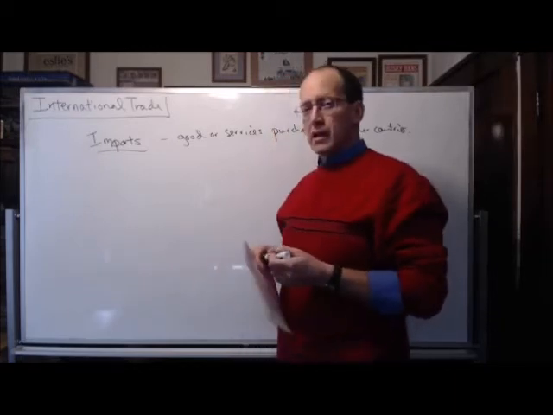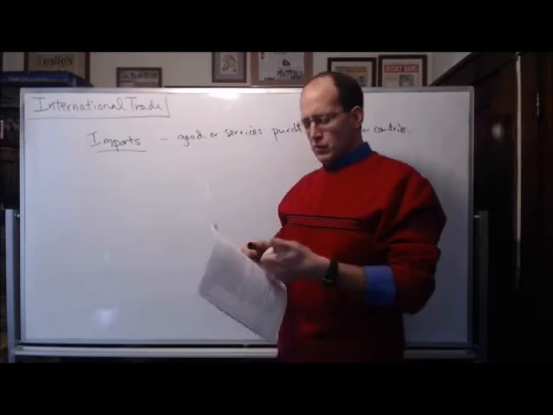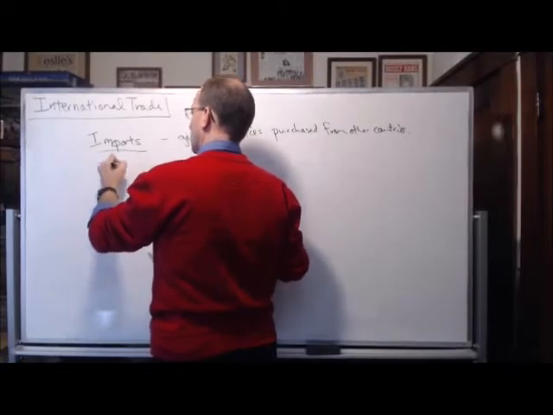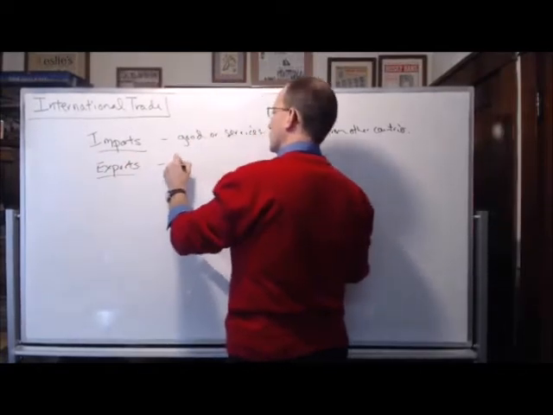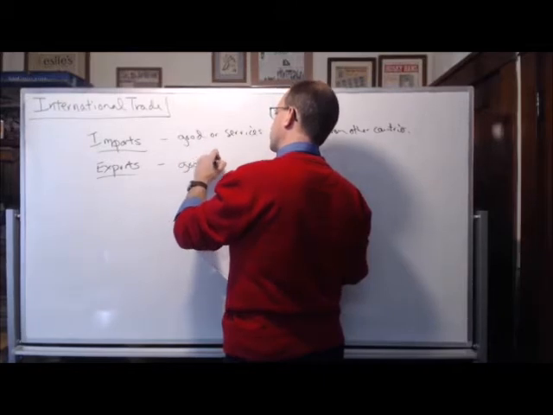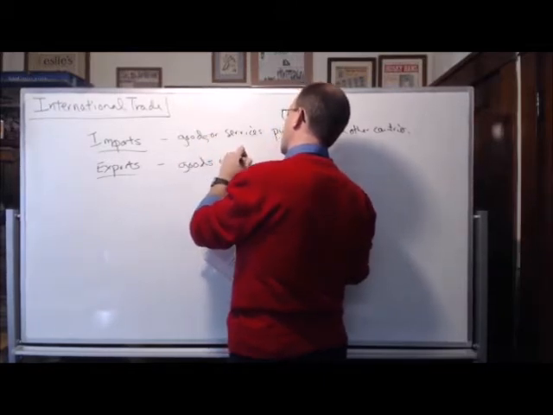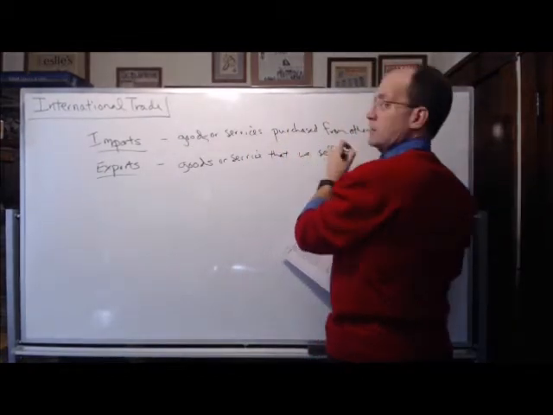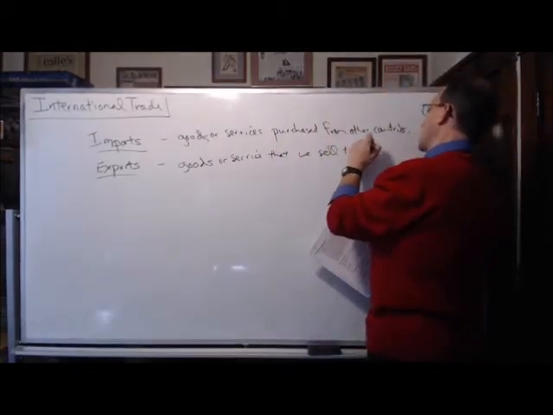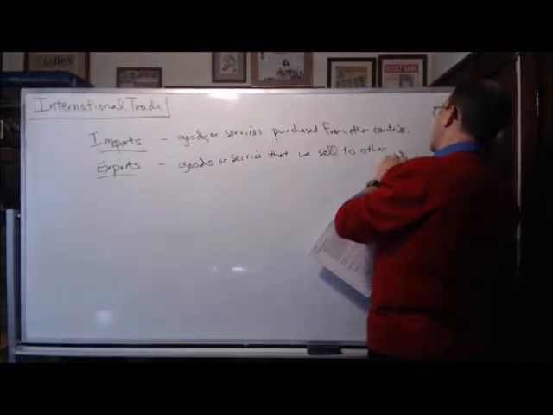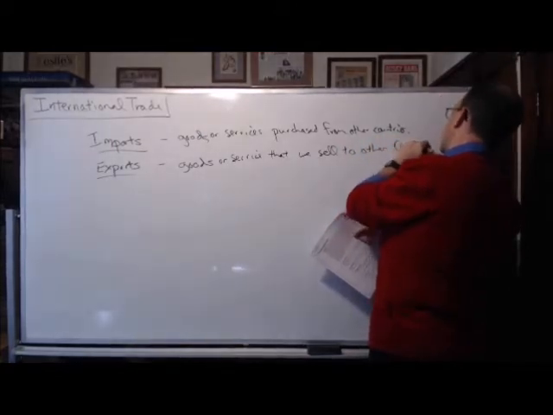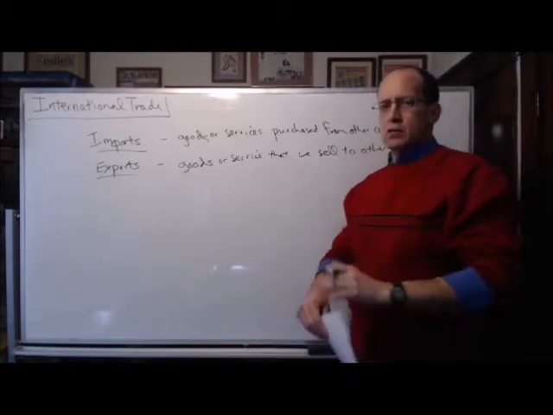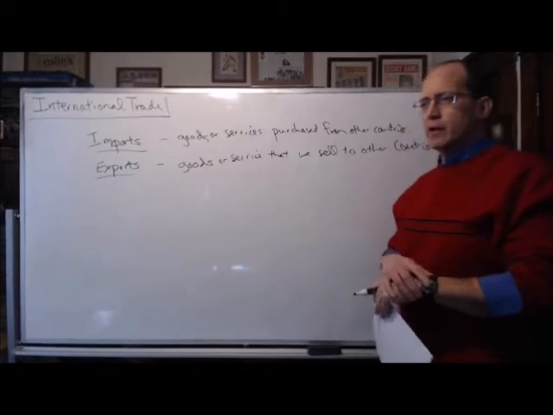Of course, we also sell a lot of products that we make here to other countries in the world, and those are our exports. Exports are goods or services that we sell to other nations. So not everything is made in China.